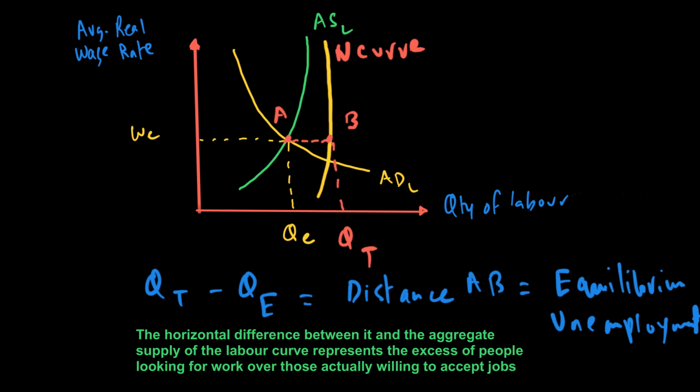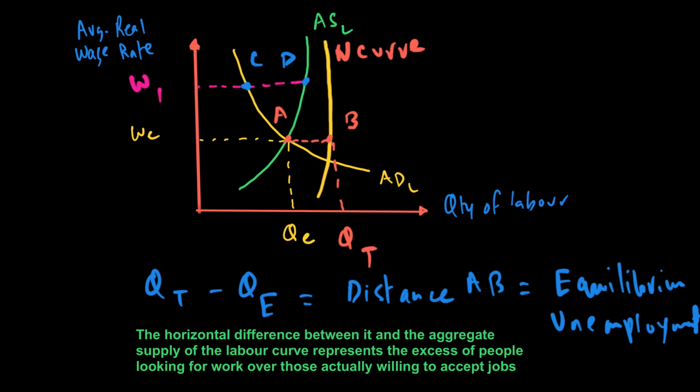But if the wage rate was not at equilibrium, let's say the wage rate was higher than equilibrium, for example at W1. Now you need to understand this gap CD is basically the gap between people who are willing and able to work, wanting to work, versus people who are working, who will only be at point C, because when the wage rate goes up, the employer will cut down on the number of people he will hire, so that will move to C, while because the wage rate is going up, more people will be willing to accept jobs.